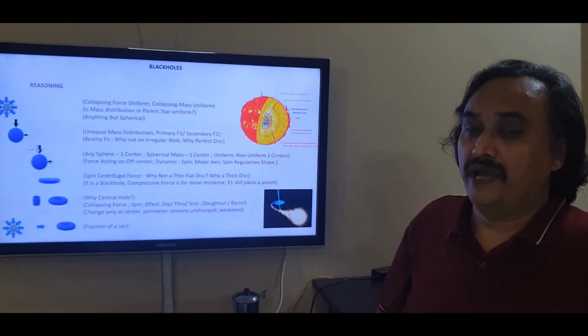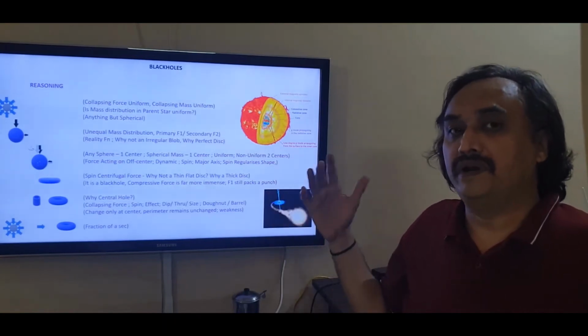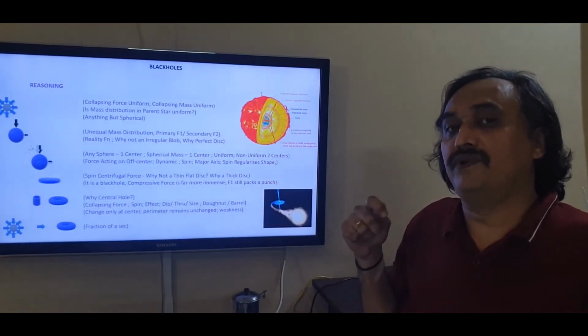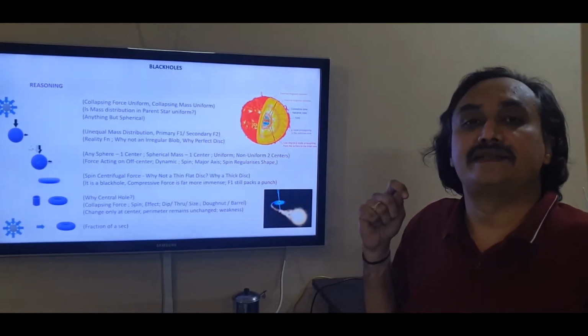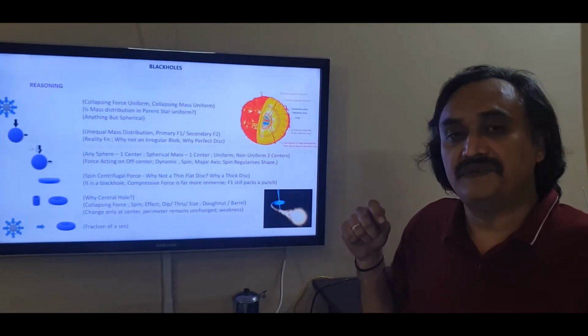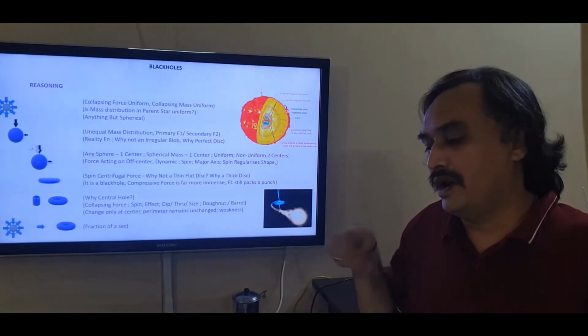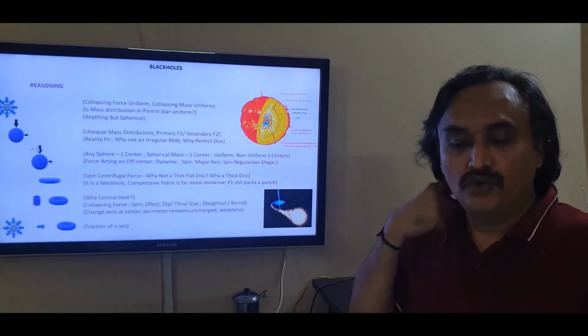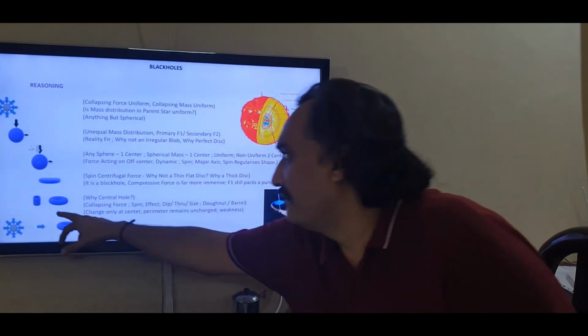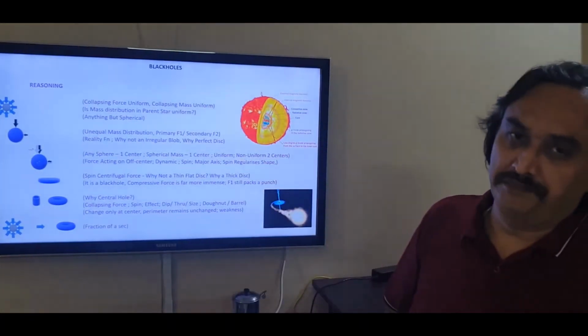It may not be able to change the outer perimeter dimension, but it is good enough to create a dent in the center. And that dent, as we say, could just be a dip or a through and through hole or a bigger size hole. So when we have two options, you could either have a barrel or a donut shape.